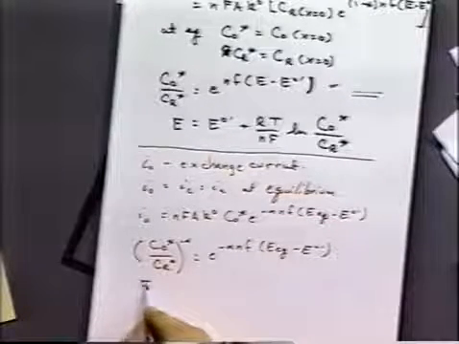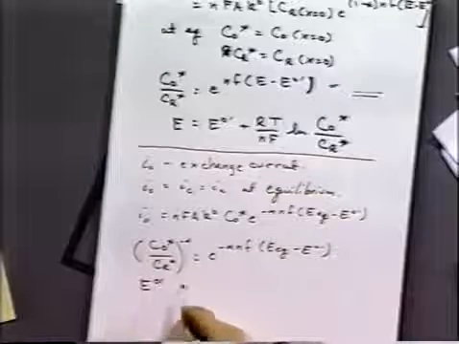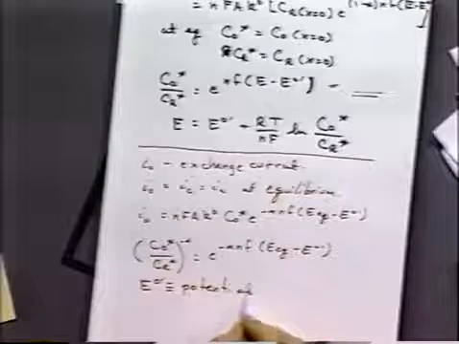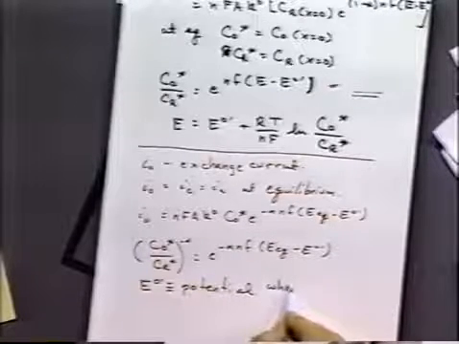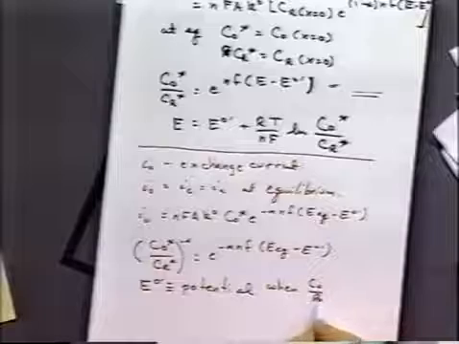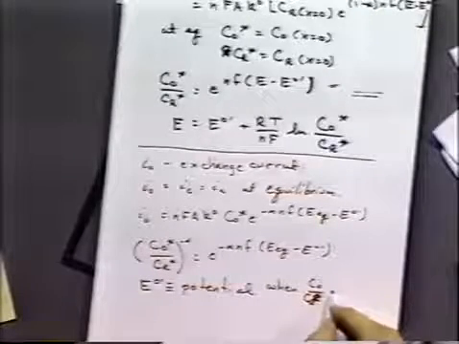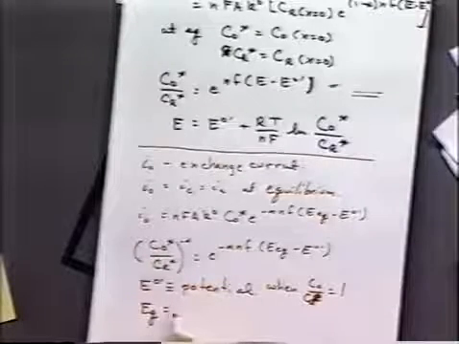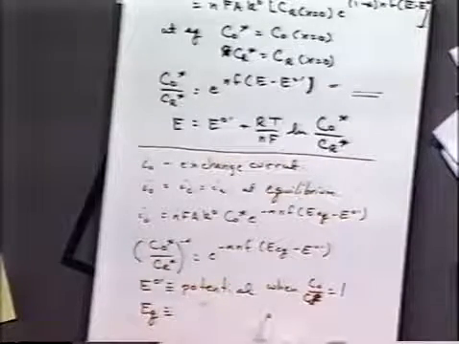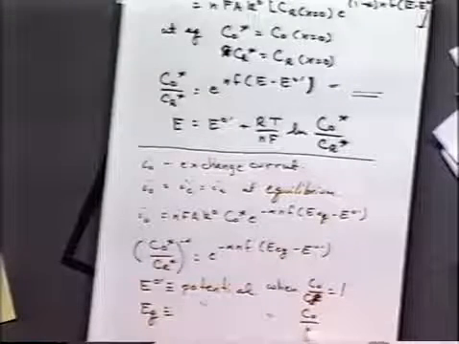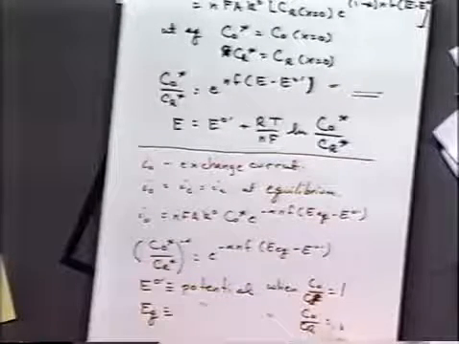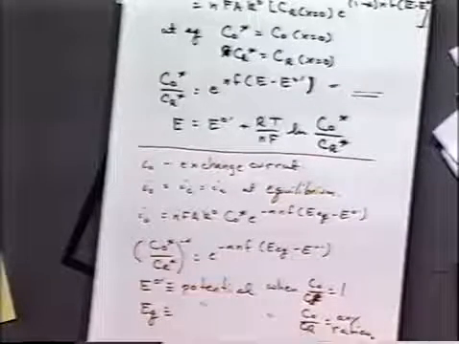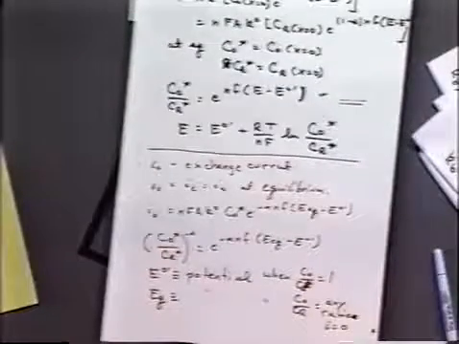Okay, so let's redefine some terms. E0 prime is defined as the potential when C0 over CR is equal to 1. E equilibrium is the potential when C0 over CR is equal to any ratio, but I equal to 0.